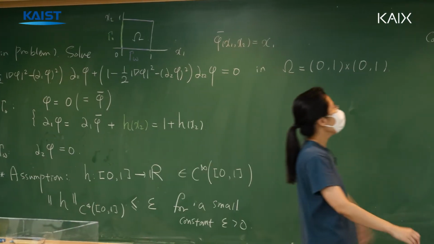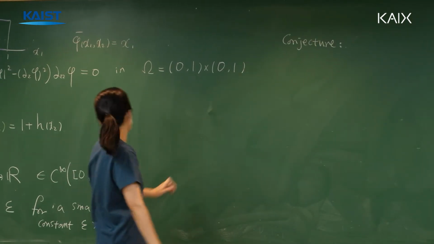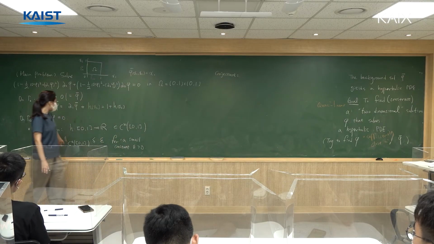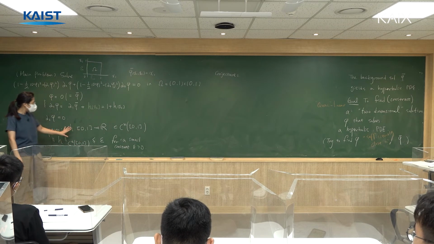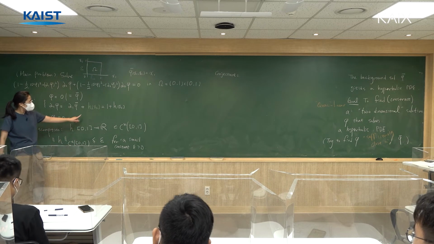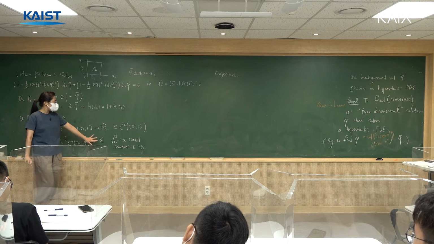Okay. All right. So conjecture, back to the business. Our conjecture is that, like I said earlier, we are going to look at the case where h is a function of x2, but still epsilon small.